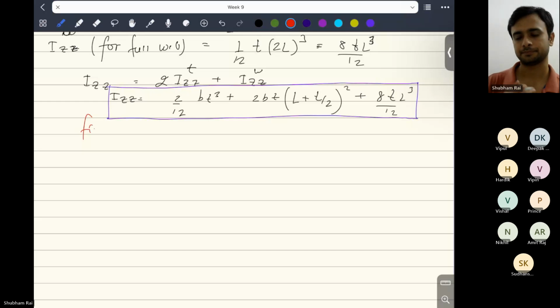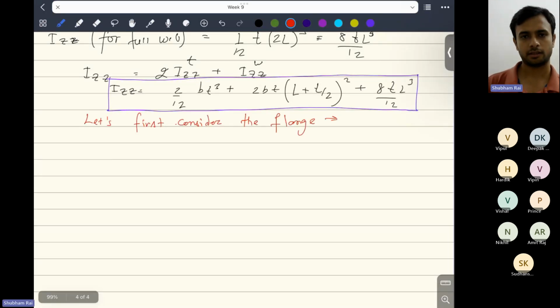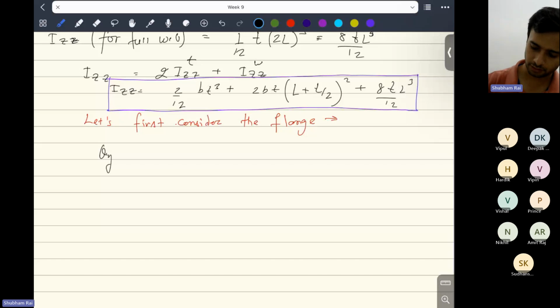If we consider the flange, how will you calculate it? Actually it is the integration of Y dA, so we can also write it as Y bar into A.